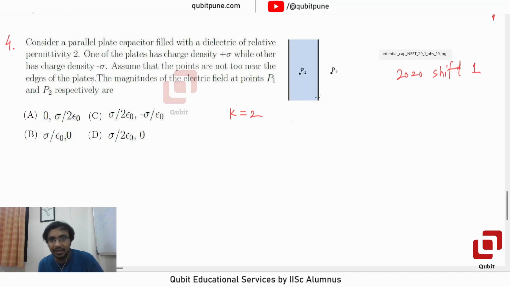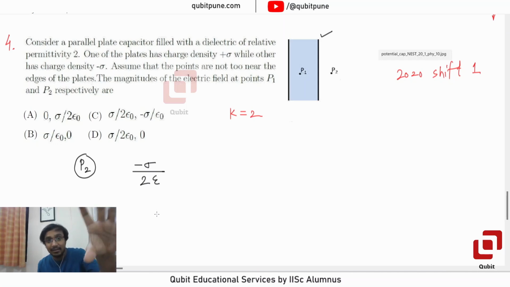Let us first think about point 2. If we consider the field at P2 due to this plate, it would be negative sigma by 2 epsilon, where epsilon is the permittivity.